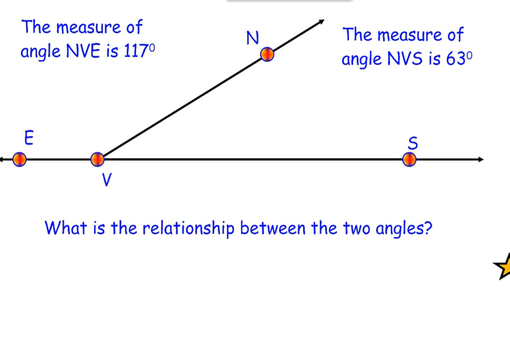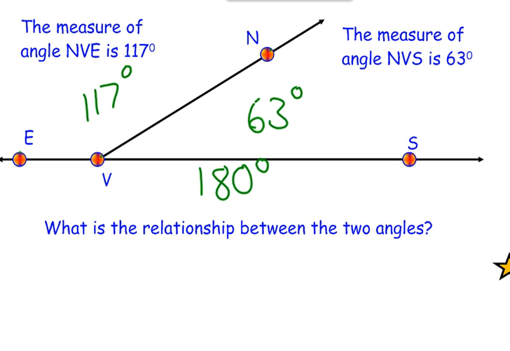Now, we have a new situation. We have angle NVE is 117 degrees, while angle NVS is 63 degrees. As we look at this, we want to see, well, what's the relationship? If you were to add these two together, 117 plus 63, you're going to get an answer of 180 degrees.